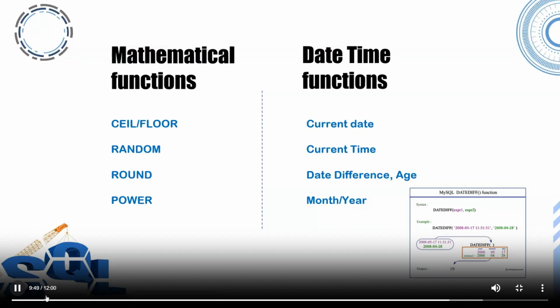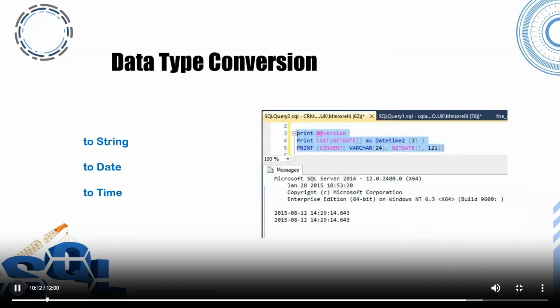In this way, I can get the age as of today. Then we can get the month or year from a particular date. Like if I want to extract just the year of a particular date, I can do that. So here you can see the example. This is the syntax basically for the date difference, where we have to pass two dates between which we want to calculate the difference.